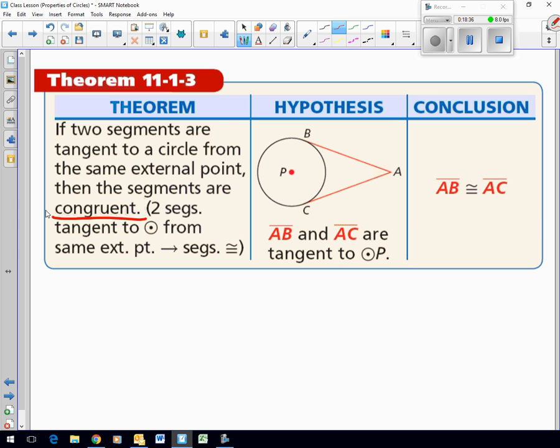If they meet at a point out here, they are congruent to each other. In this case, AB and AC are congruent because they are tangent to circle P and meet at point A, an external point, so by this theorem they are congruent.